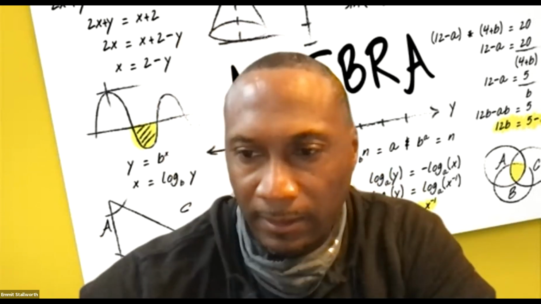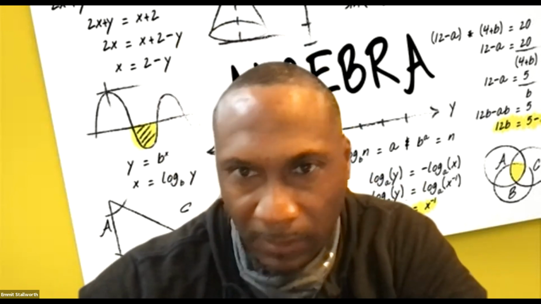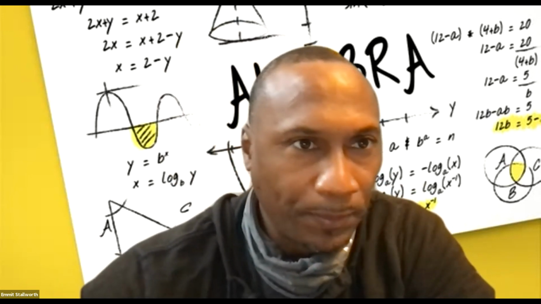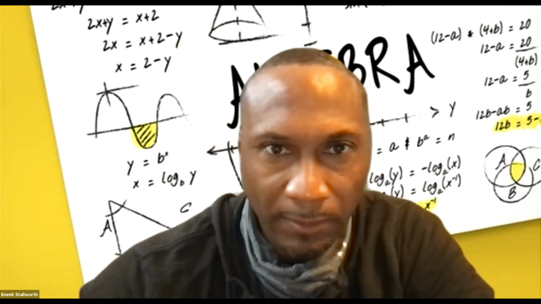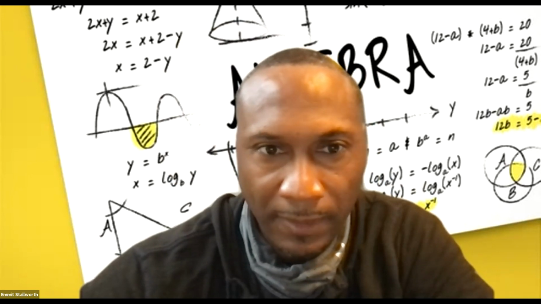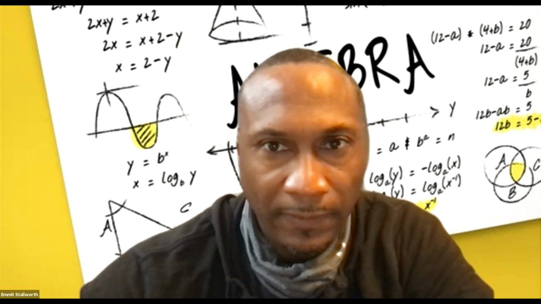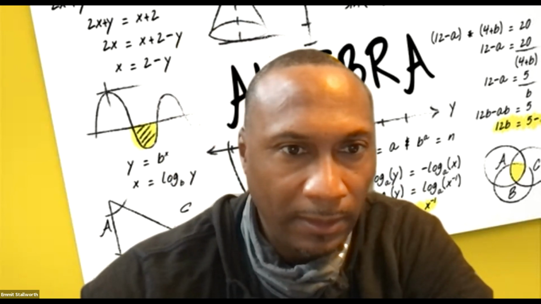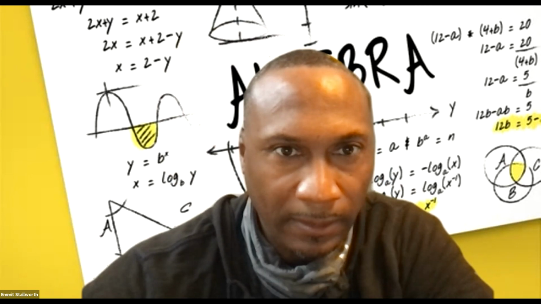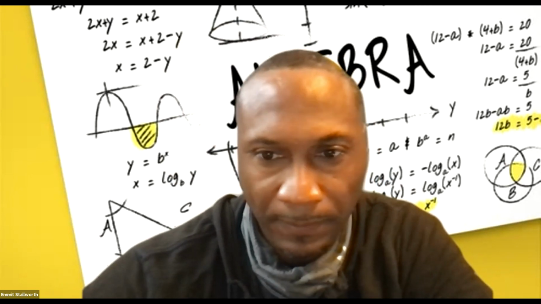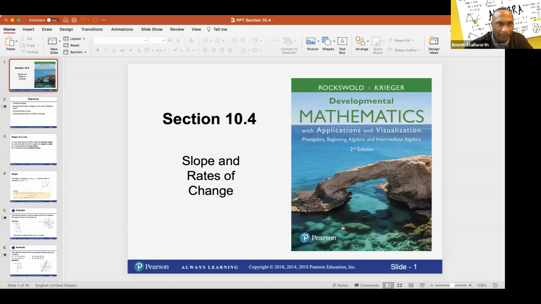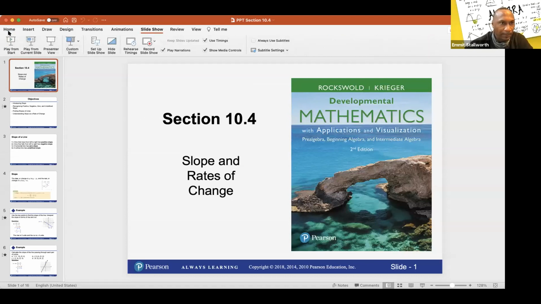So let's go ahead and get started. We're going to start off with 10.4, which is slopes and rates of change. Let me share that with you and get that slideshow going.